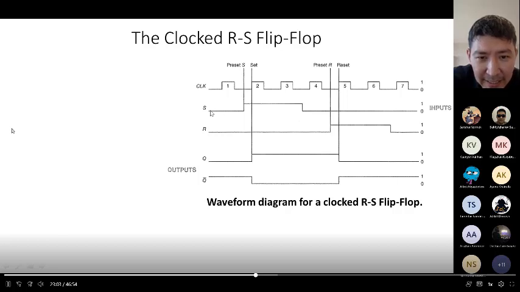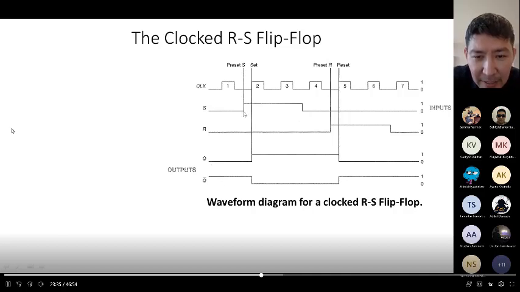When S is low, R is also low, you can see that Q is low and not Q is high. When we apply one pulse during this stage, it does not affect Q or not Q.